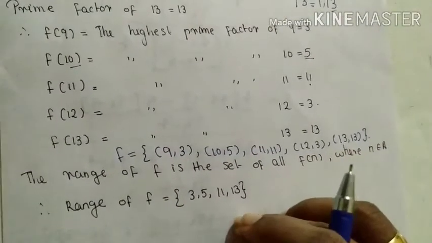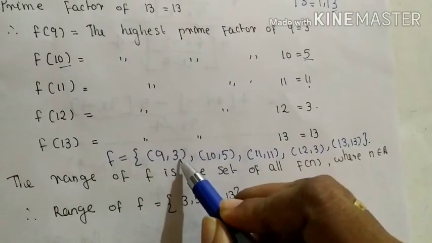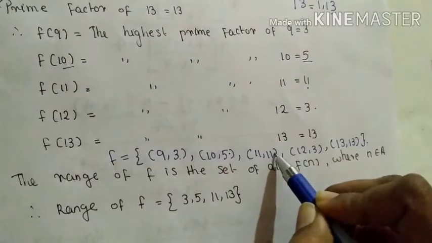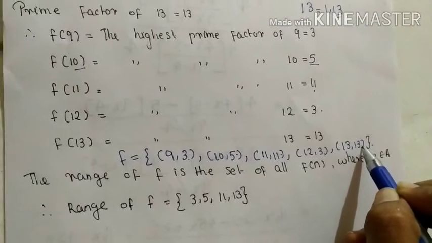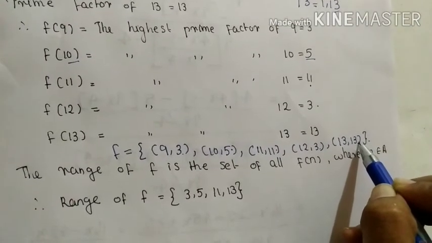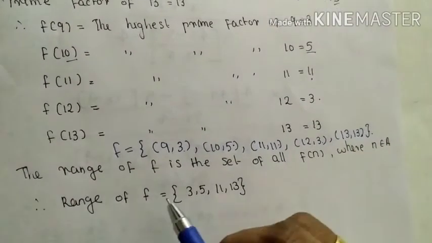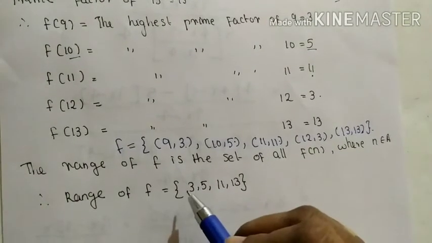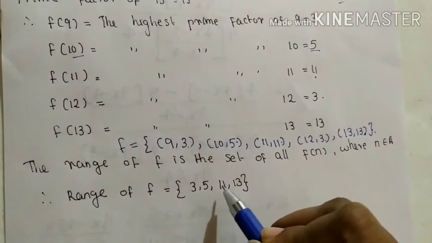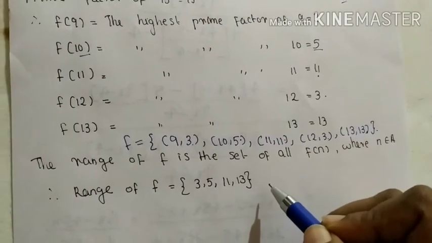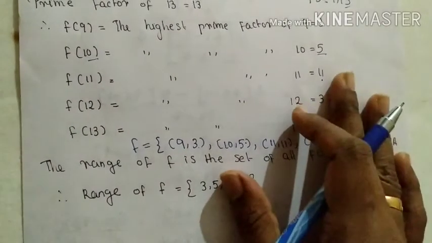So from this we can write 3, 5, 11, 3 and 13. The common elements are written only once. Therefore the range of the function is the set containing 3, 5, 11 and 13. Okay, I hope you understood.